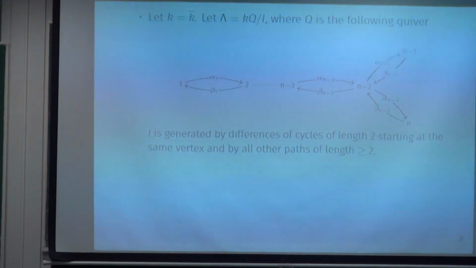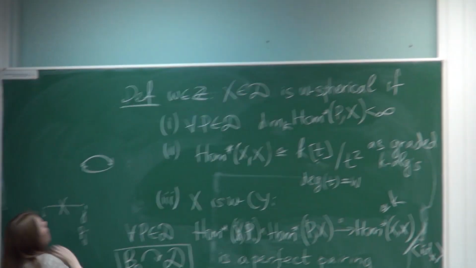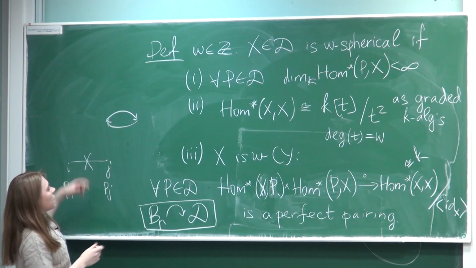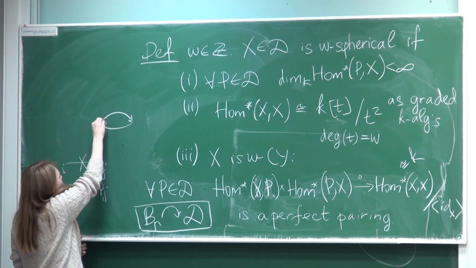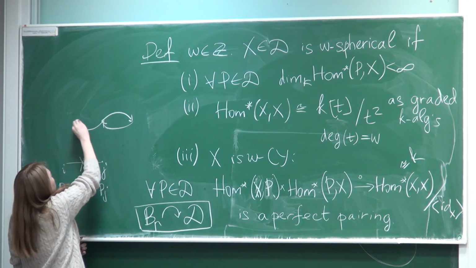This is the path algebra of the following quiver. Here is the quiver, and relations say that any path of length greater or equal to 2 is 0, except for these cycles of length 2 that start and end in the same vertex. And such cycles that start at the same vertex are equal.